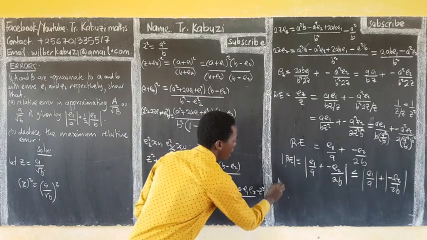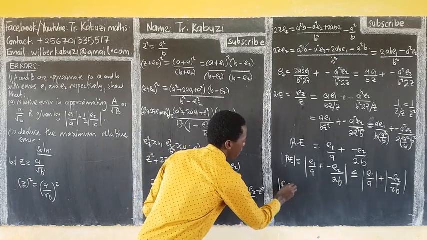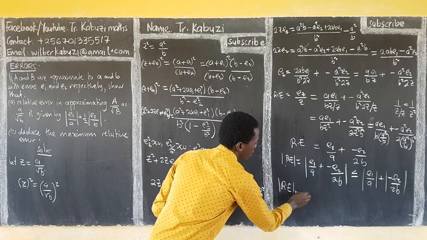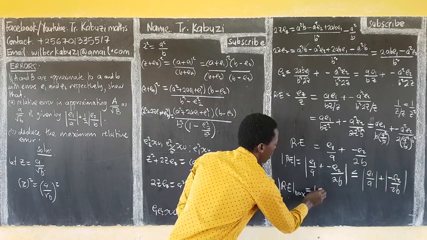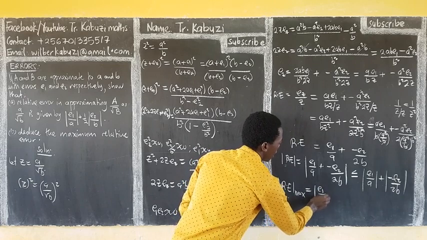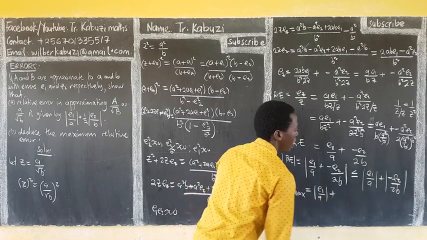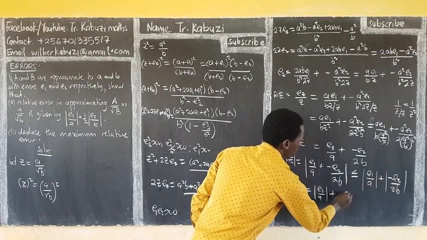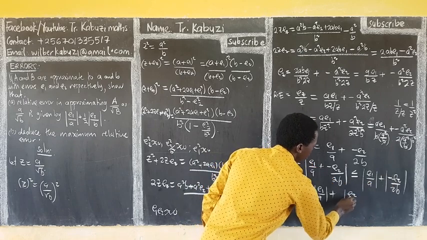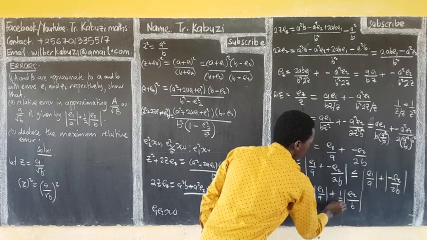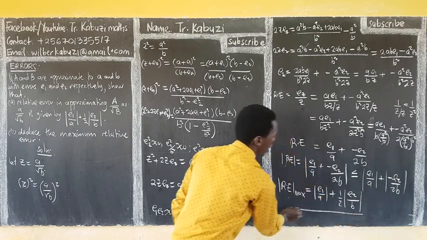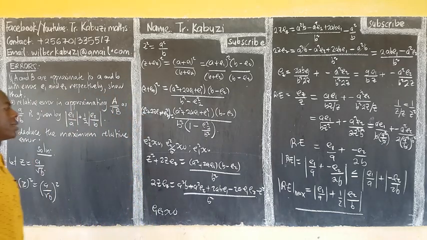So my relative error max is going to be when it's equal to e1 over a, then plus the modulus of this will be equal to a positive of that over b. And remember, we'll take that half out. That's what we get there. And so that will give the maximum relative error.